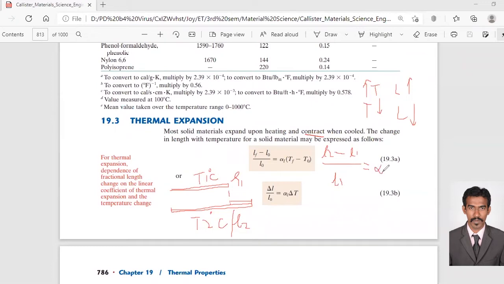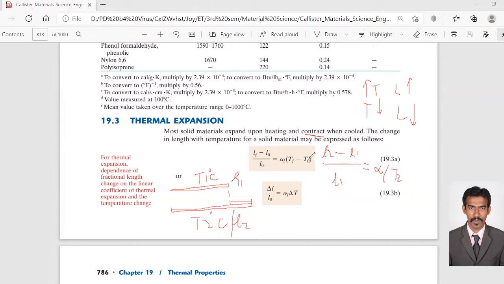Alpha, I told you, is given in the table and is different for different materials. It is the thermal expansion coefficient. So alpha into TF, the final temperature. F means final, so the final temperature here is T2, minus TO.